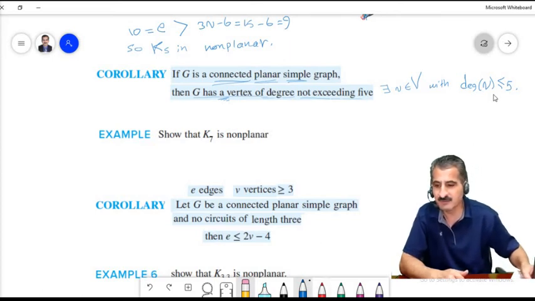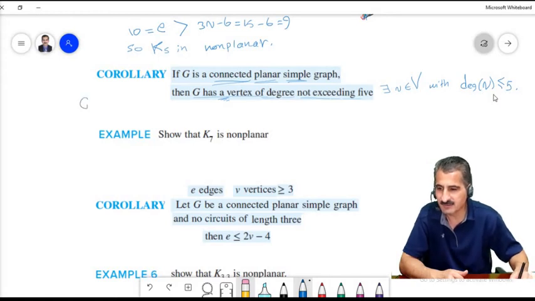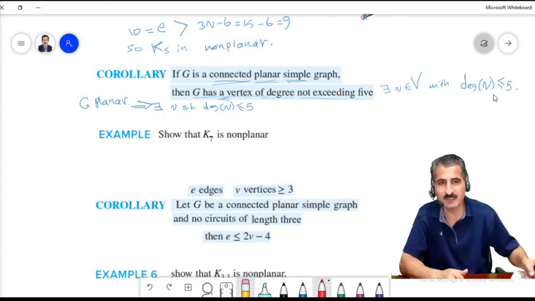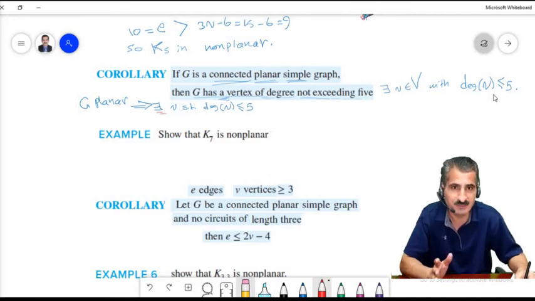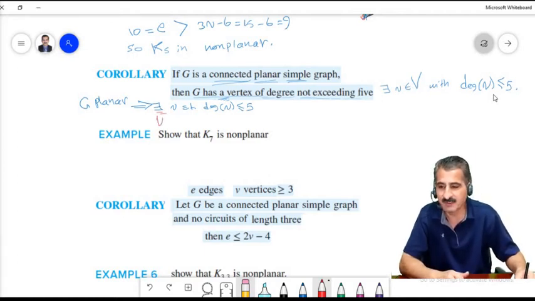So let me rewrite the corollary. It says G planar, so it is connected and simple. Then that means there exists V such that the degree of V is less than or equal to 5. Now the contrapositive of that: for every V in the set, the degree of V is greater than 5.